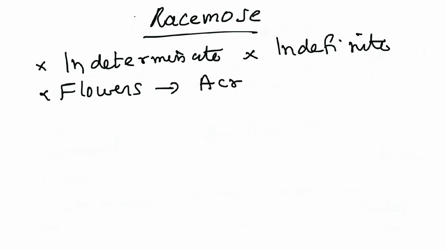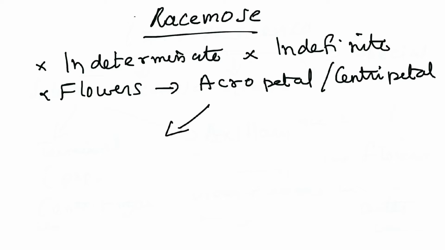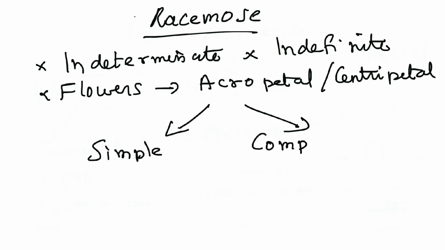The first thing is that it's indeterminate as well as indefinite. It basically means that the tip at which the inflorescence develops is continuously growing, which means that the growth continues, it doesn't stop there. And the flowers are acropetal as well as centripetal.